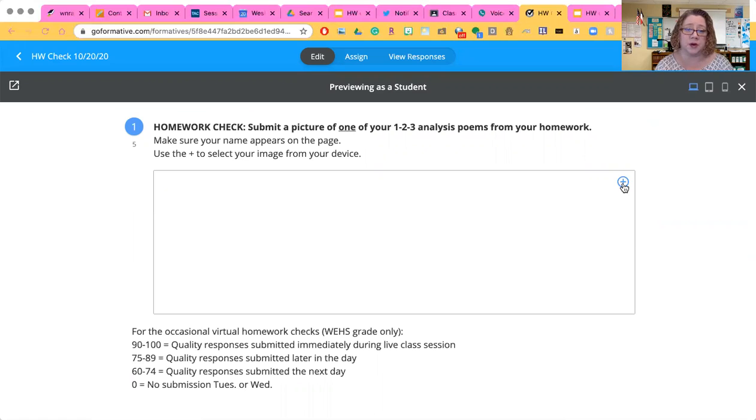It can be a picture of your notebook page where you wrote out your 1, 2, 3 analysis. I think the easiest thing is to interact with the text. So if you printed out the document and did it on there, whichever way you did it, it's fine. But I want to start giving credit to the people who have their homework done, are here. I feel like those are the people who should be excelling in class. Right.